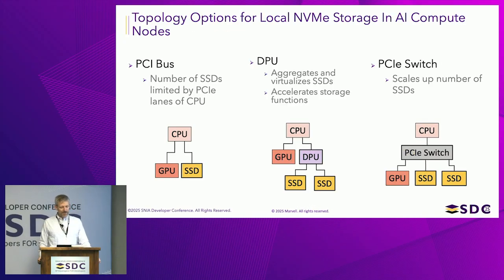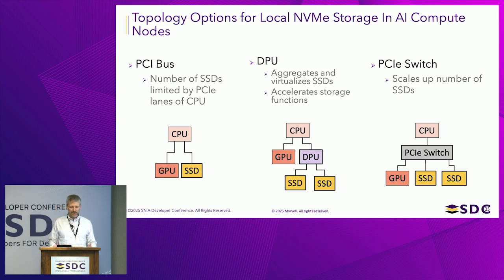Okay, so how do you connect storage, in particular SSDs, to GPUs and to CPUs? So here I'm showing 3 schemes for local NVMe storage within an AI compute node that's direct attached via PCIe. So the most straightforward scheme is to connect an SSD first directly to a CPU using the PCIe bus.